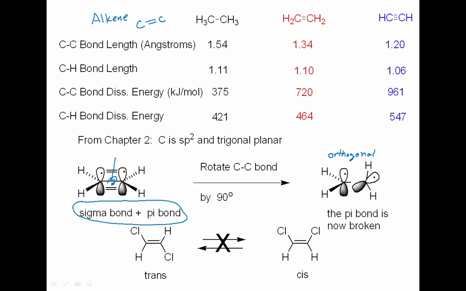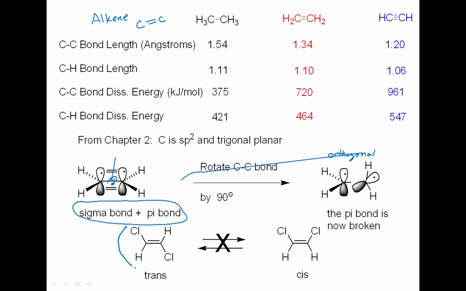So this is one big difference between alkenes and alkanes. You cannot rotate around the CC double bond like you can around the CC single bond. What does that mean for these two compounds here?